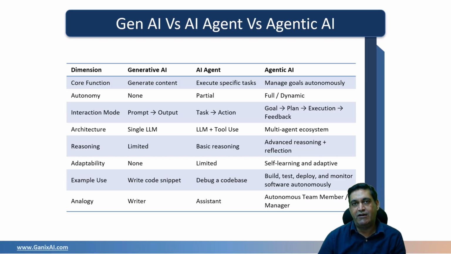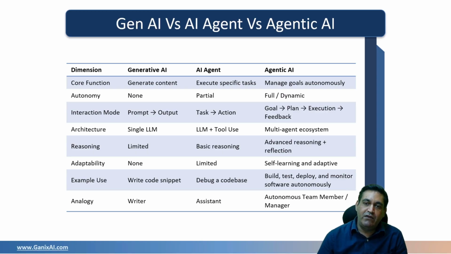So it is adaptive and reflexive. Architecture-wise, it is a multi-agent system. Its reasoning is advanced, and as I said, it is reflexive, so it learns from historical responses. It's a kind of self-learning model.